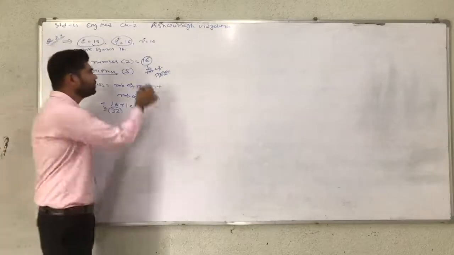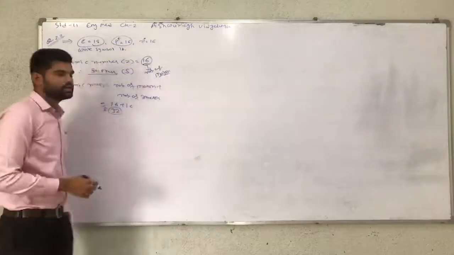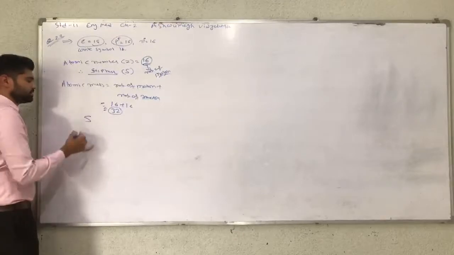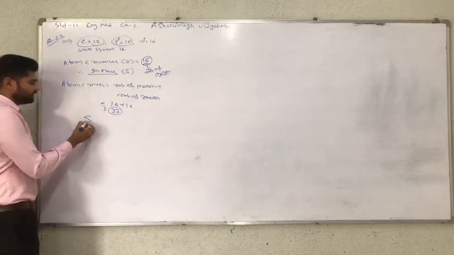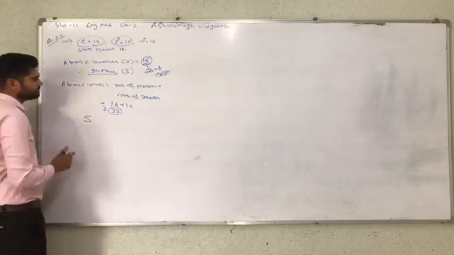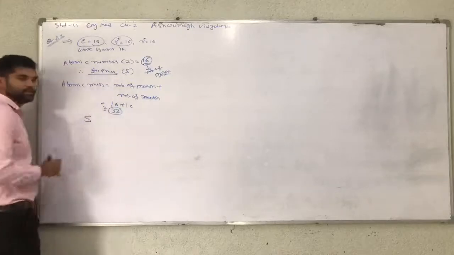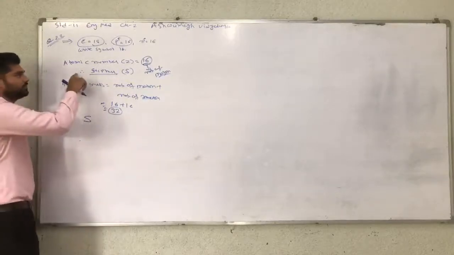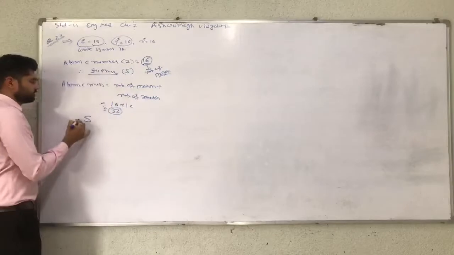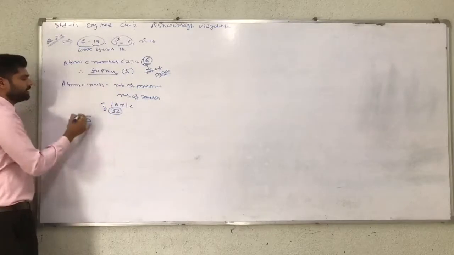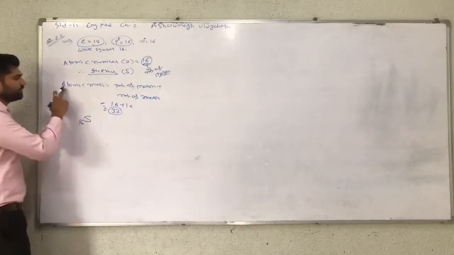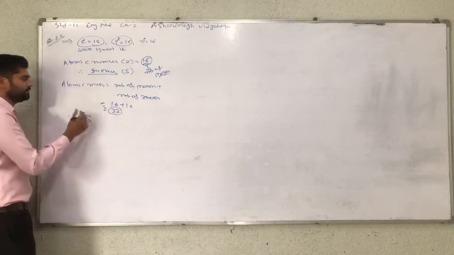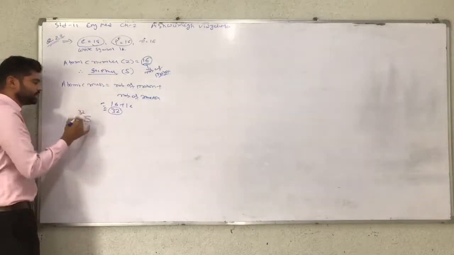Now here 16 represents the number of protons, but the number of electrons is 18. It means 2 more than protons. So for the symbol sulfur, in subscript we write the atomic number 16, and in superscript the atomic mass, which is 32.